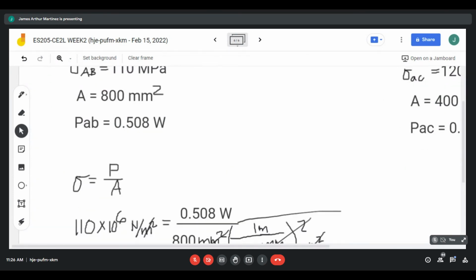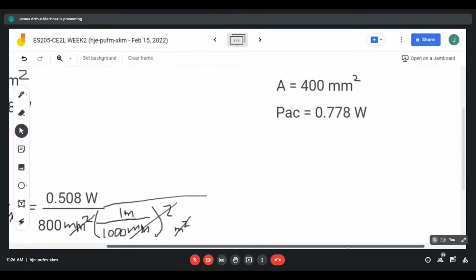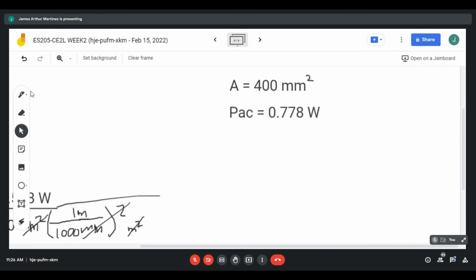Same process, let us solve for W using the formula for stress.